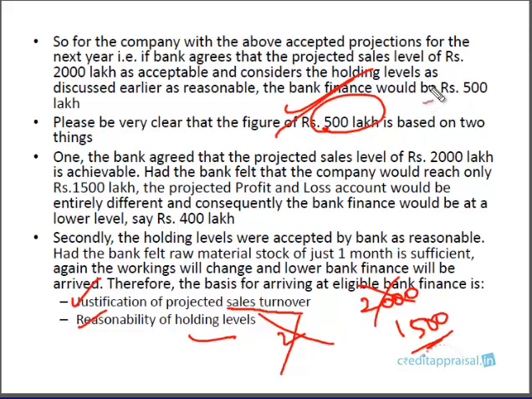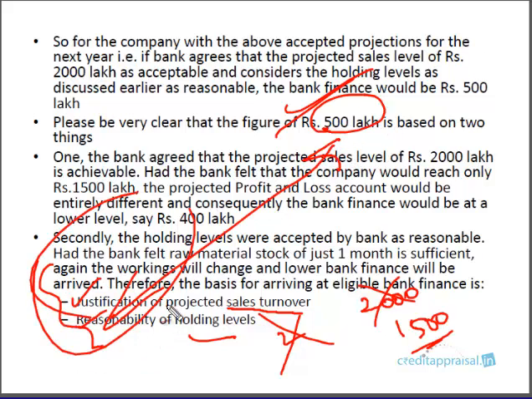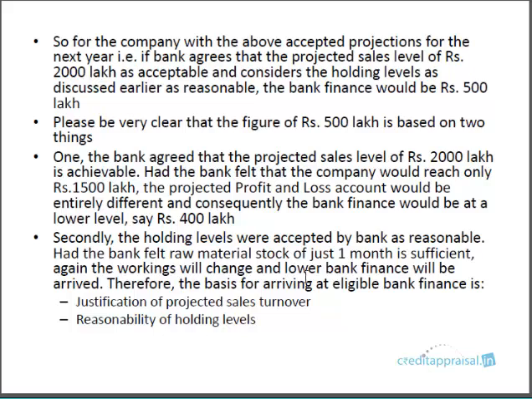It might be more or less, but the point is, this is based on these two figures: a base turnover of 20 crores and some holding levels. Based on these two, you have arrived at the bank finance of 5 crores.